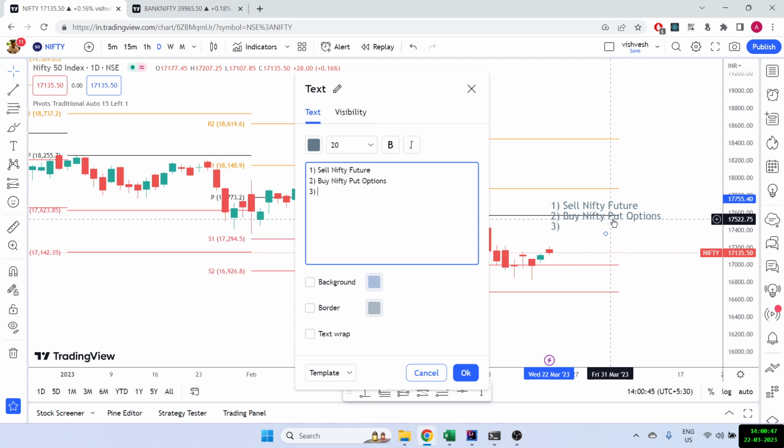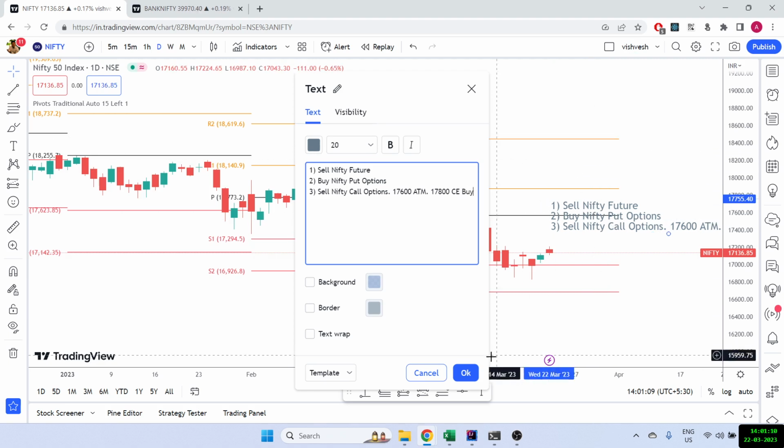We can also do selling of Nifty call options, but it's always a good idea to hedge your option trades. So when we are selling a call option, let's say in this case maybe around 17,600 call option, which is the at the money call option, we might want to buy, let's say, 17,800 or 17,900 call option. We do that because we want to hedge our trade.